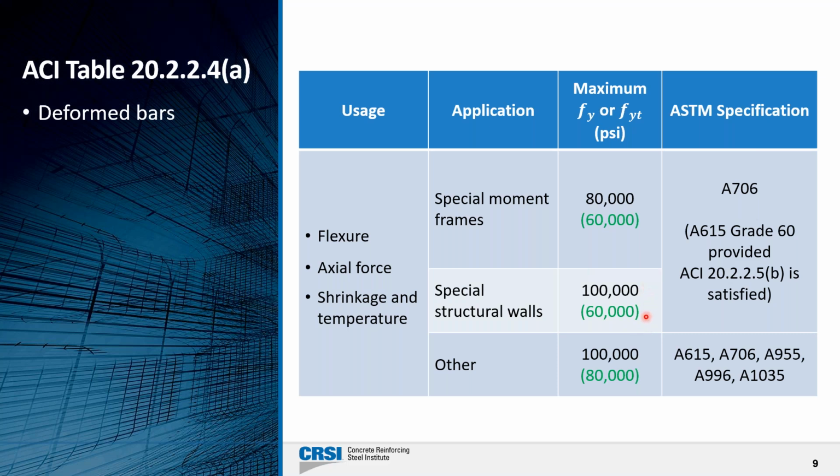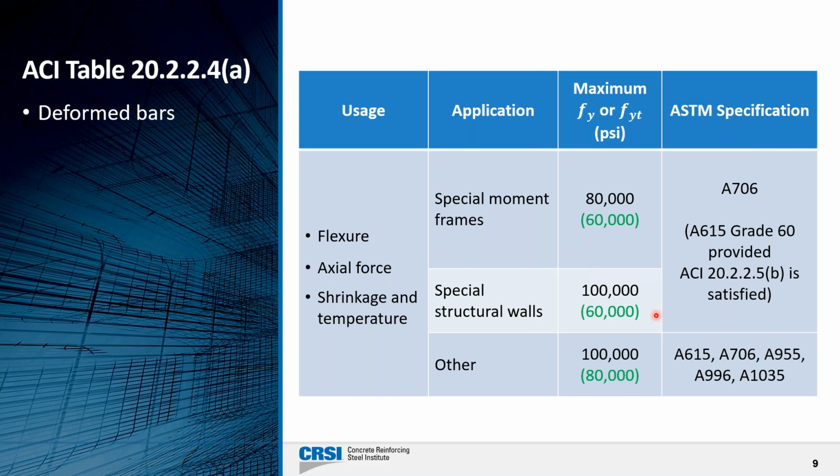This was much anticipated. A lot of research occurred between the 2014 edition and prior to when the work started on the 2019 edition of ACI 318 that addressed high strength reinforcement. CRSI sponsored a lot of it. There were other partners in industry that came along as well, Pankow Foundation and such.